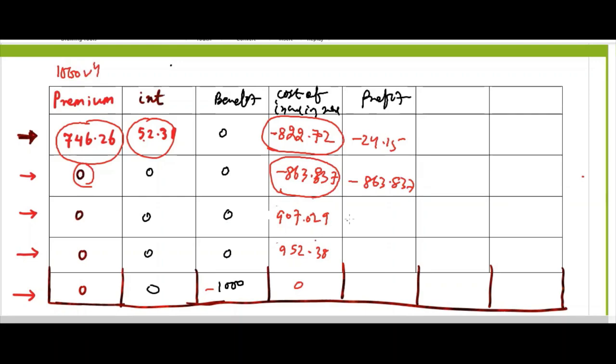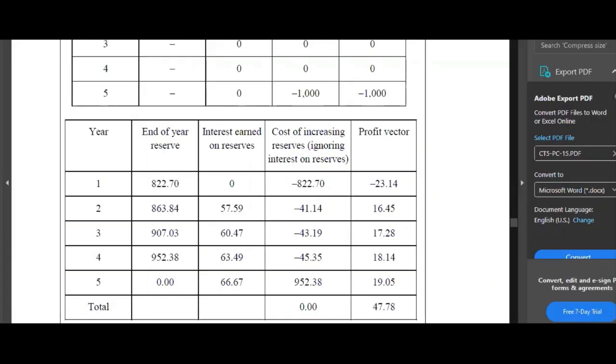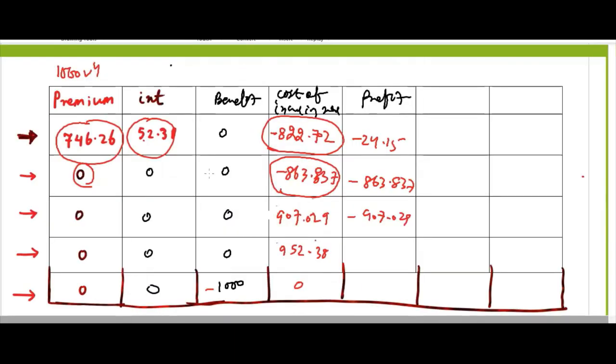Oh God. Is it? Yeah, the first one matched. You tell me the second one.